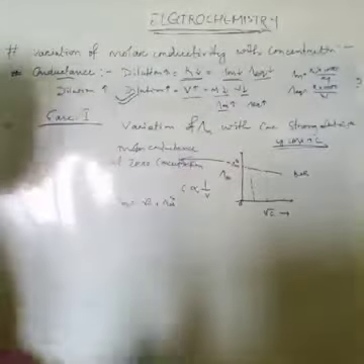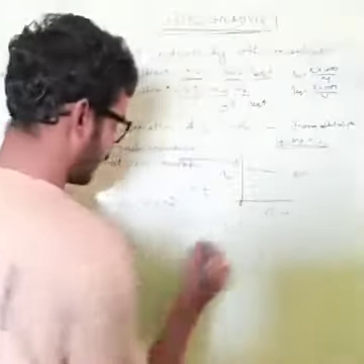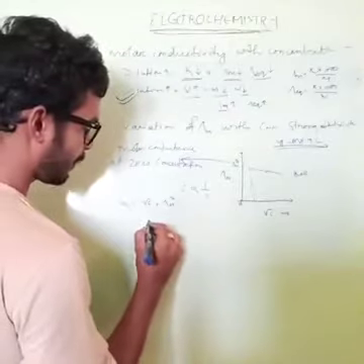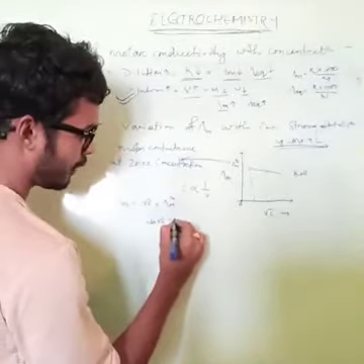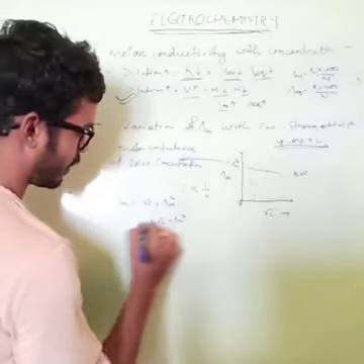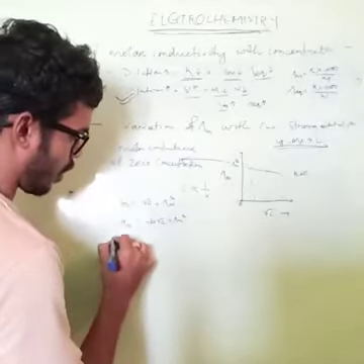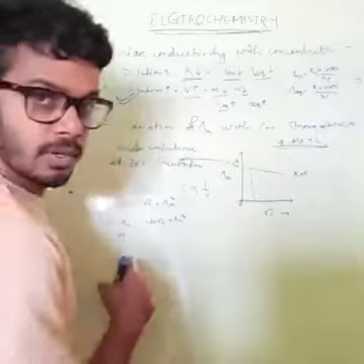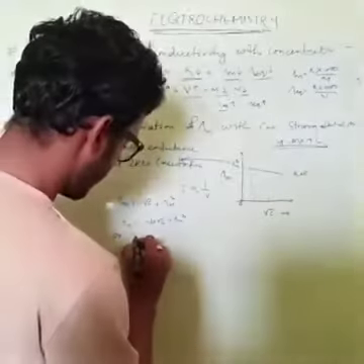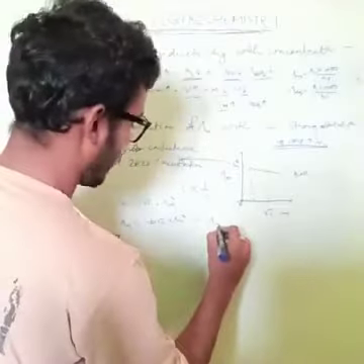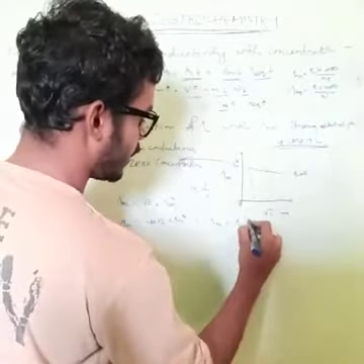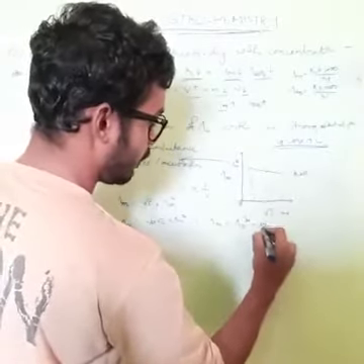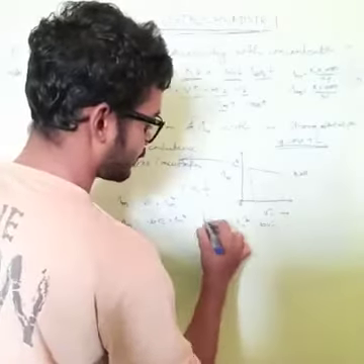And what is the slope? Obviously the slope is negative. Suppose you take negative b: lambda m equals negative b root c plus lambda m infinite, or lambda m equals lambda m infinite minus b root c.